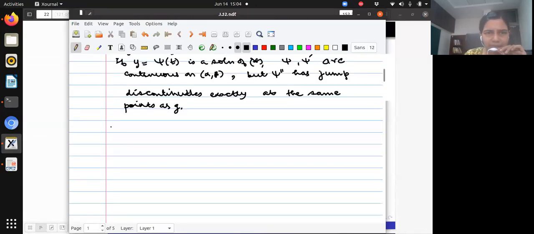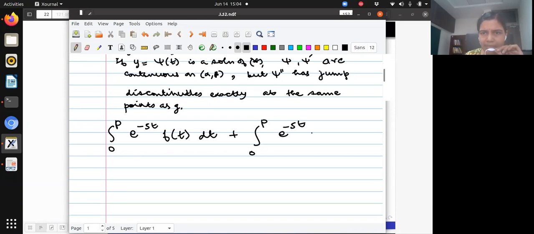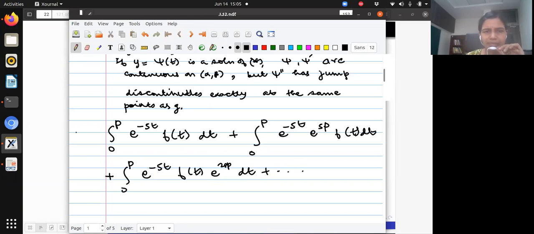So this is integral 0 to p exponential minus st f(t) dt plus integral 0 to p exponential minus st f(t) exponential sp dt plus integral 0 to p exponential minus st f(t) exponential 2sp dt. Is that correct?